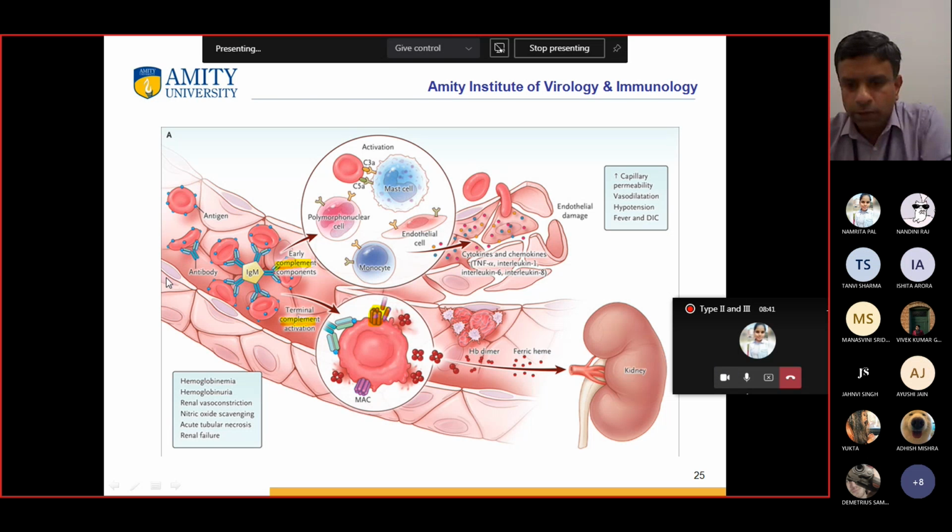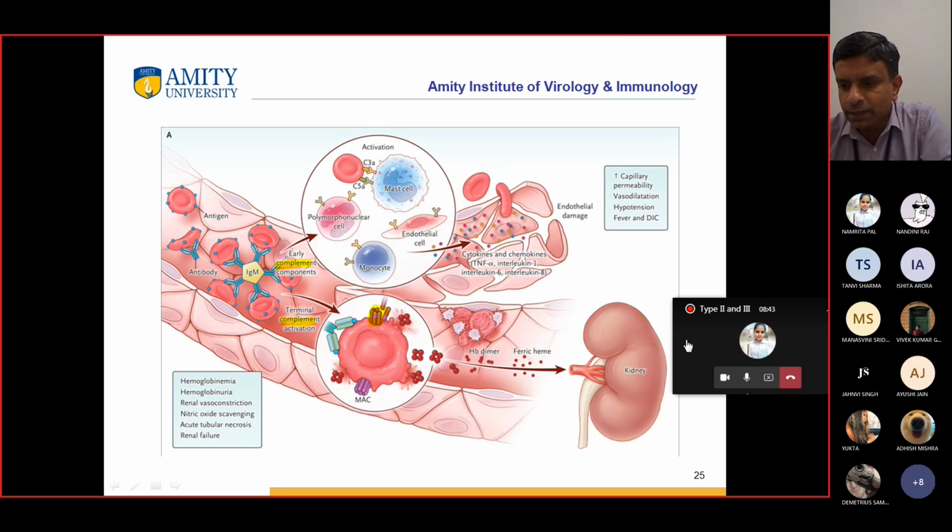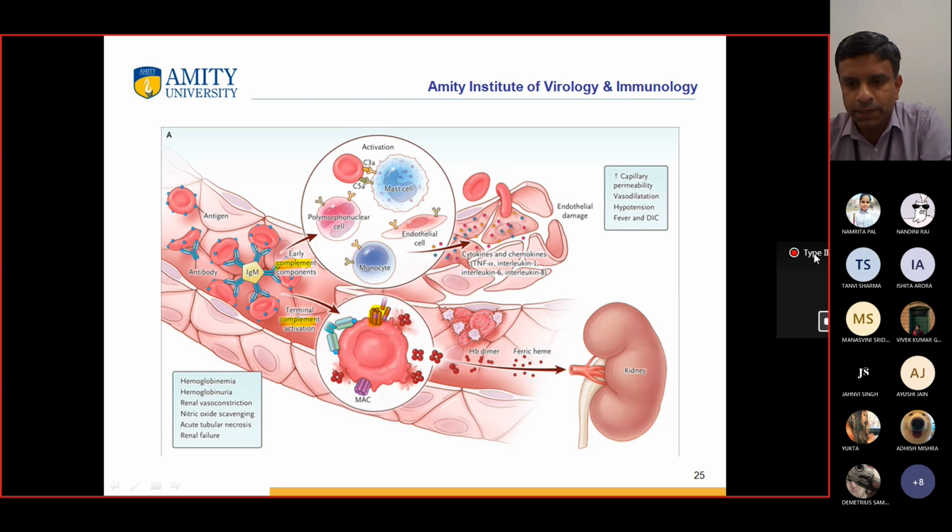Okay, so students, this was the last thing that we did in type 2 hypersensitivity. This is complement mediated lysis of the blood which has been transfused.